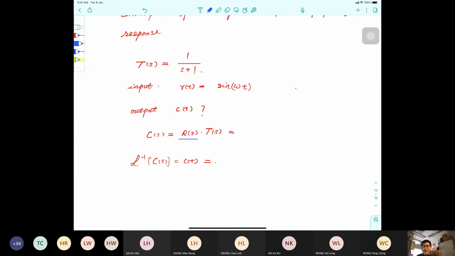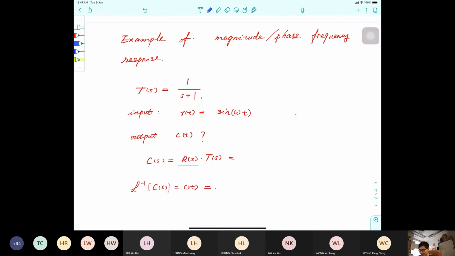Give you 1 minute to tell me what is R(s). We know R(t). What will be R(s)? Perfect.